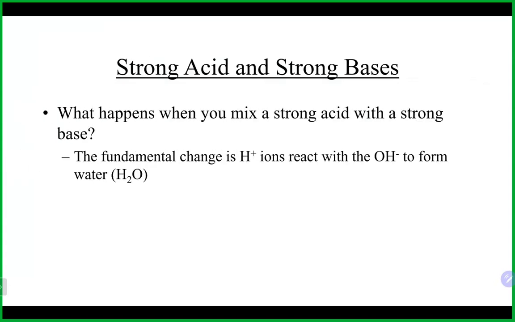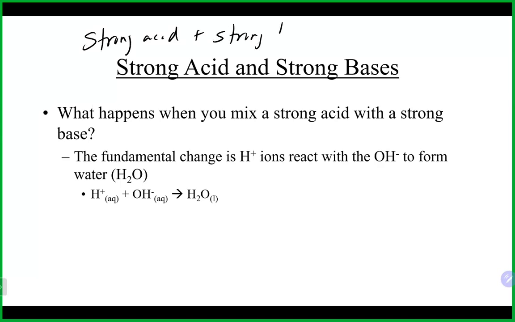So what happens when we react these two things together? When you take a strong acid and a strong base together, you essentially always make two things. You pretty much get a strong acid plus a strong base will always produce a salt and water. And once again, a salt is a fancy word for basically an ionic compound.